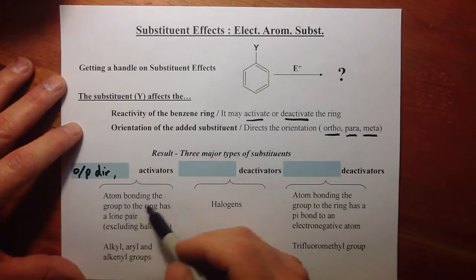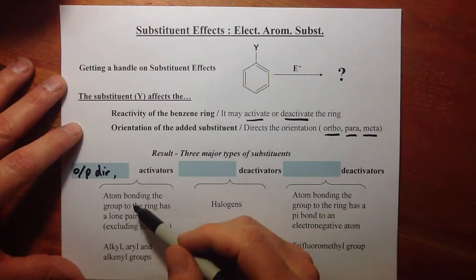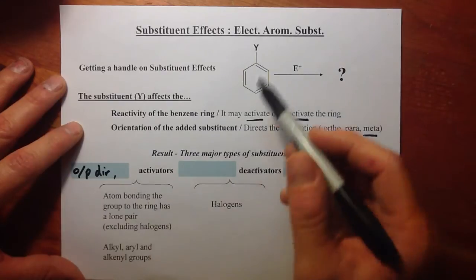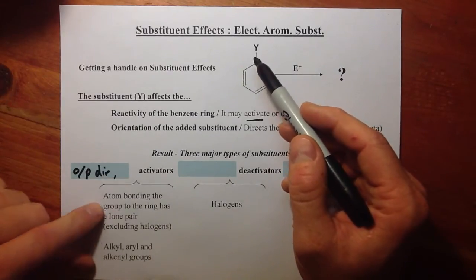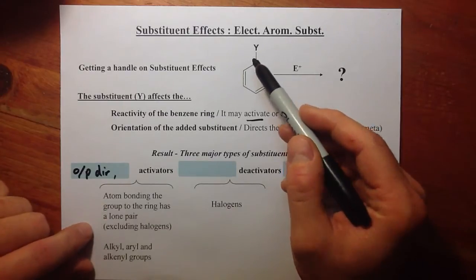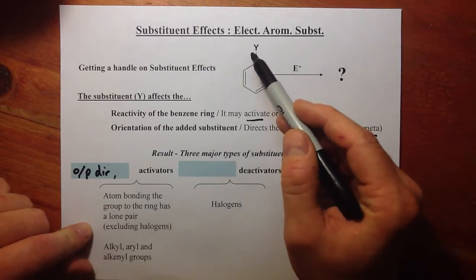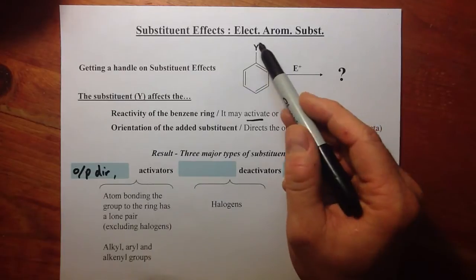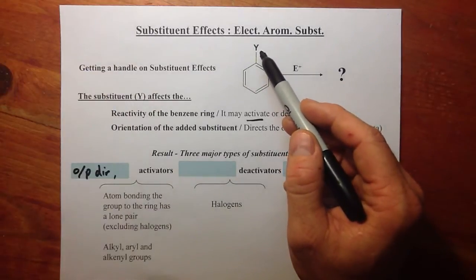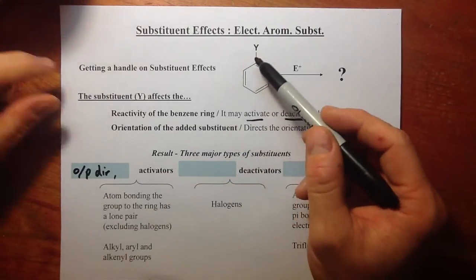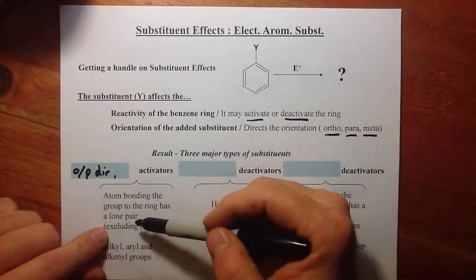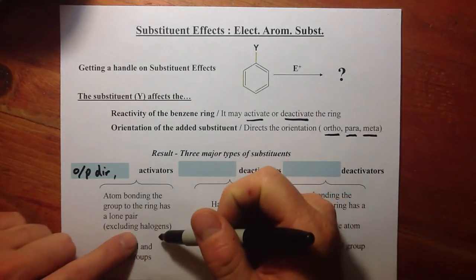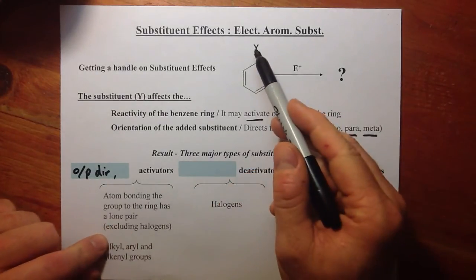This first category is for those Y groups that have an atom in the Y group that bonds the group to the ring and has a lone pair. So the atom bonding this group, there may be more atoms behind Y, it might be a hydroxy group or amine group. If the atom bonded to this carbon has a lone pair, and this is excluding hydrogens, then this group is an activator.